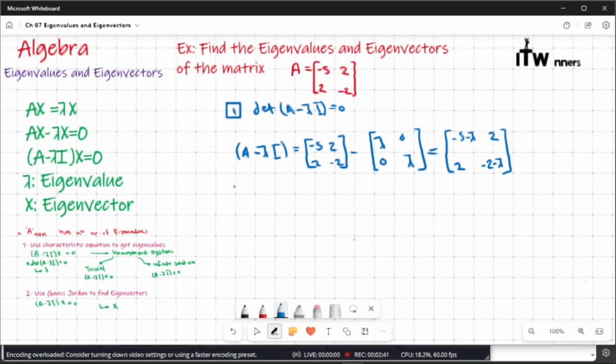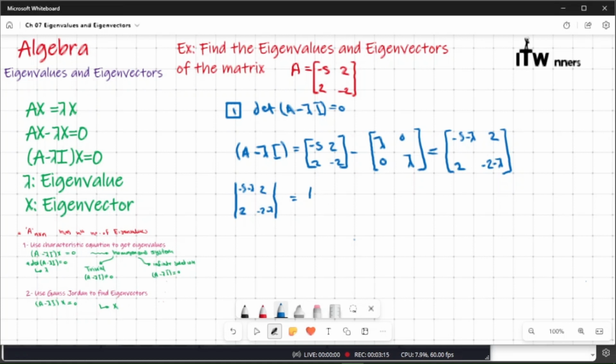Now we have to get the determinant of this matrix, which will be equal to the product of elements on the principal diagonal minus the product of elements on the secondary diagonal.